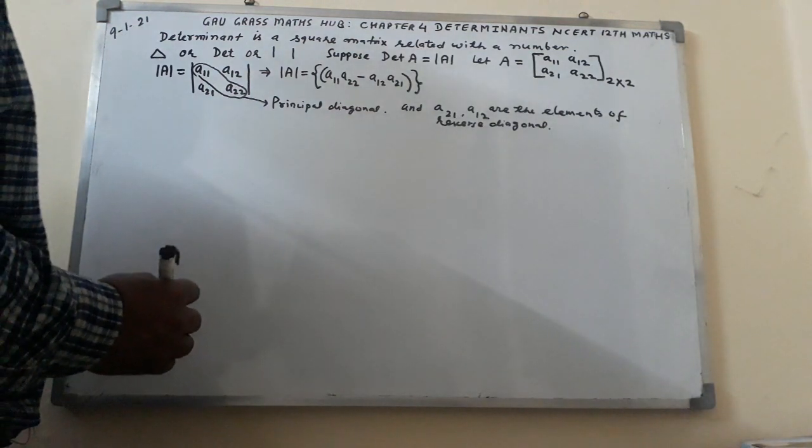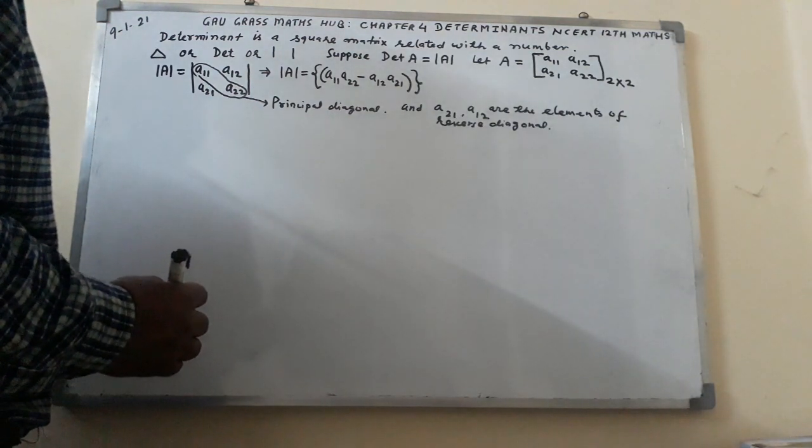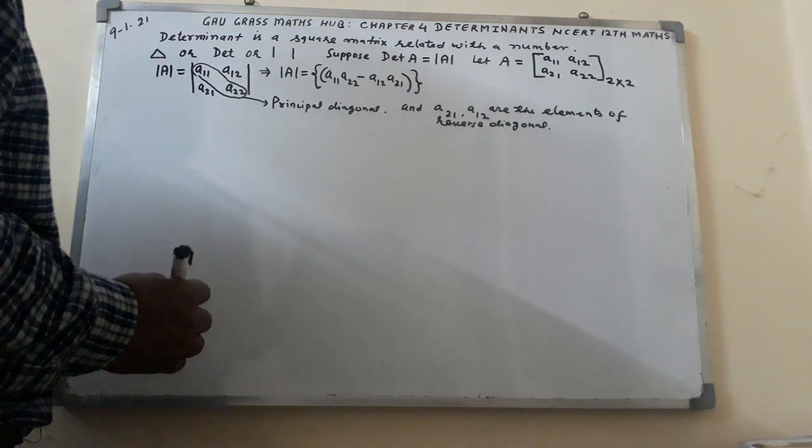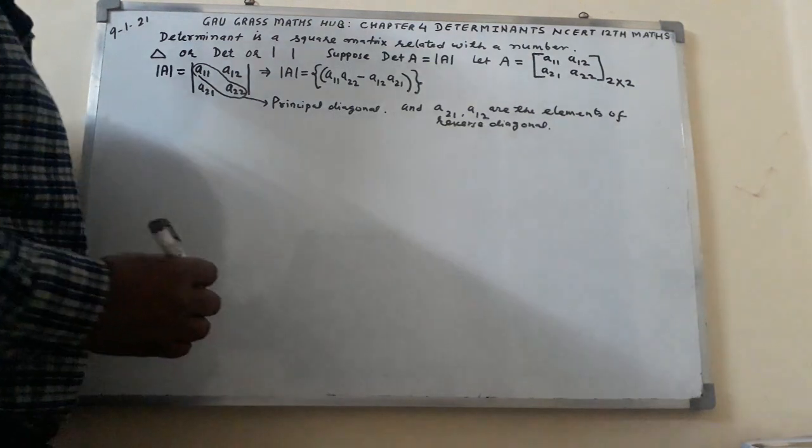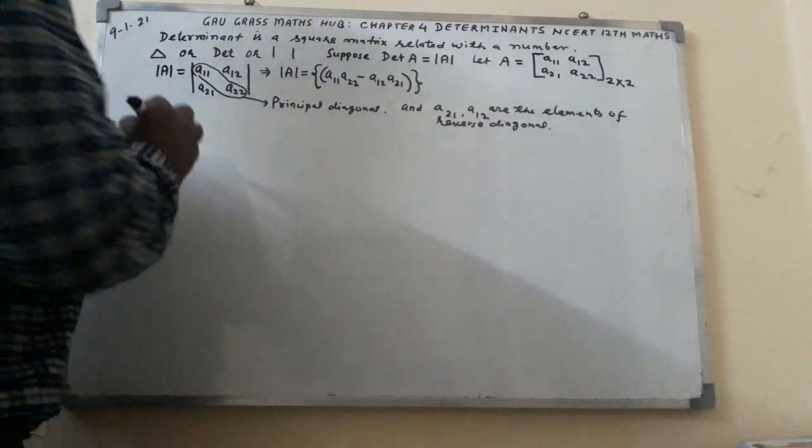Now here I shall take a square matrix of order 3 cross 3.